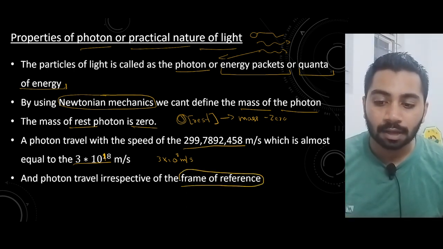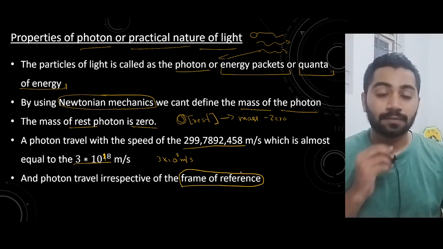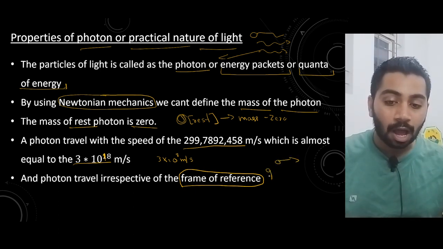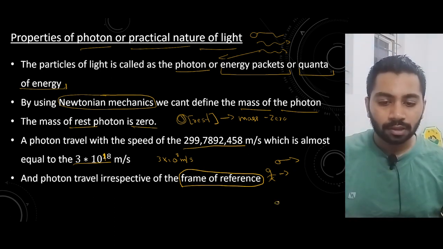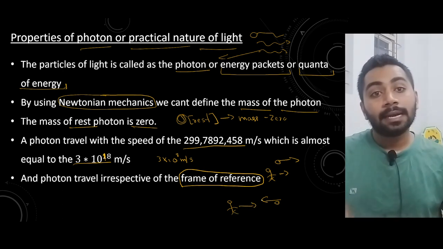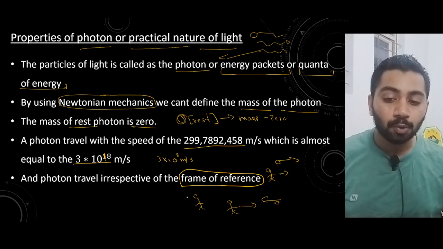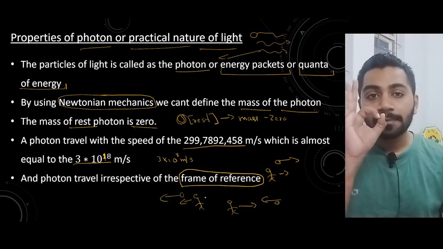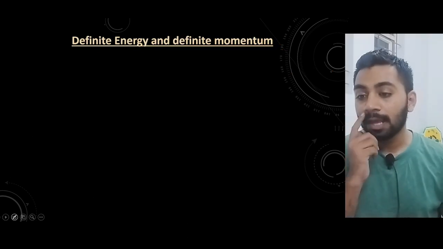A photon travels irrespective of the frame of reference, which means, very simple: if you travel opposite to the photon, the speed doesn't change. When you are traveling together with the photon, the speed doesn't change either. Speed remains constant. It is irrespective of the frame of reference. Remember, this point is very important.